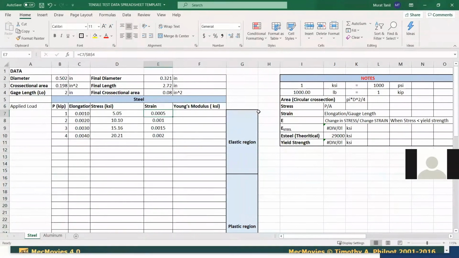In order to normalize the elongation, I need to use the gauge length. If I use this equation, elongation divided by gauge length, I get the normal strain.